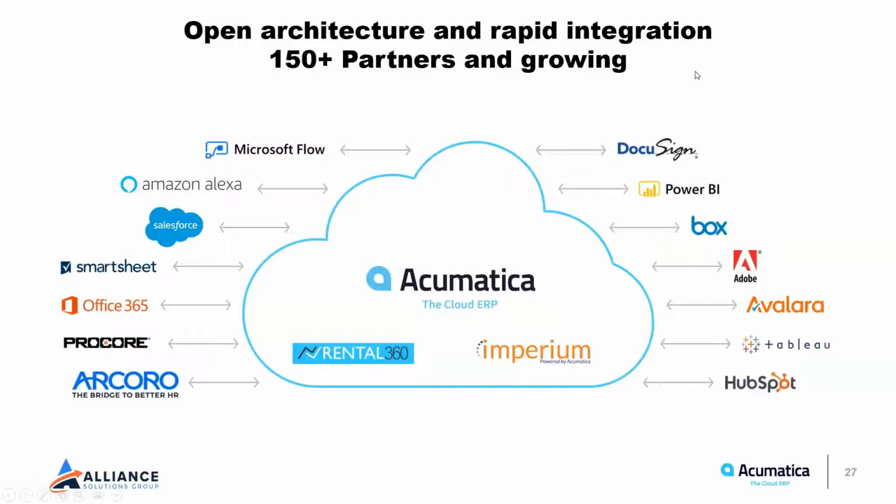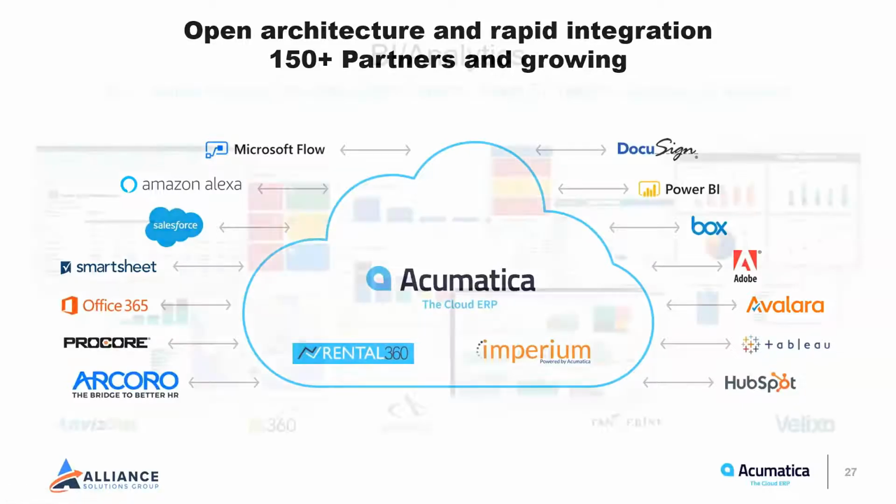So we see things like DocuSign and Adobe eSign and Avalara for taxes and Microsoft Flow and Salesforce and Procore and Arcoro for HR, as well as products that are built within Acumatica. There's a full rental equipment module built inside Acumatica by a partner. There's a property management system, a cash flow system built in here, interfaces to HubSpot. These are just some of the 150 that are out there.